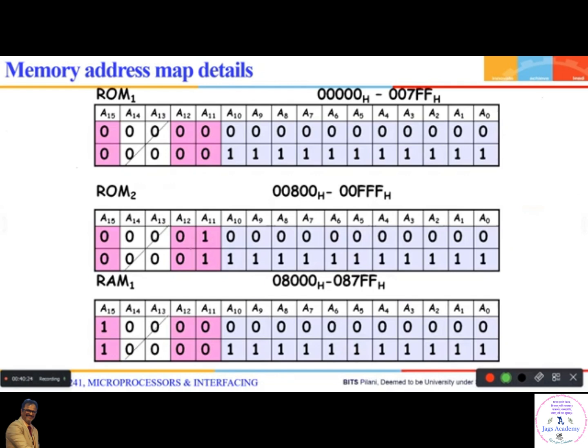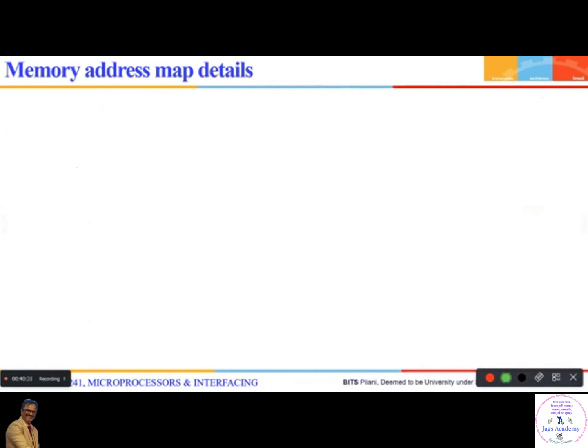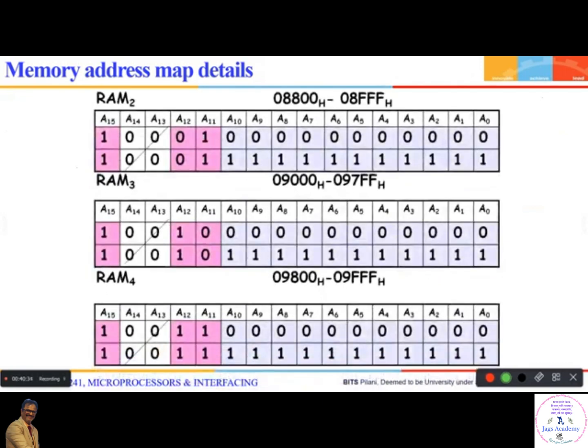It is 000 for this, 001 for this, 100 for this, 101 for this, 110 for this, and 111 for this. So which are the 3 lines going as select inputs to the decoder now? A11, A12, A15. The remaining lines A13, A14, A16, A17, A19, you can use for the enable.